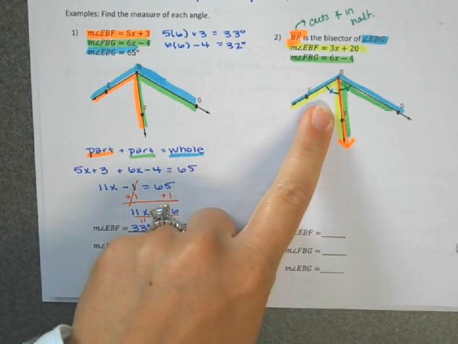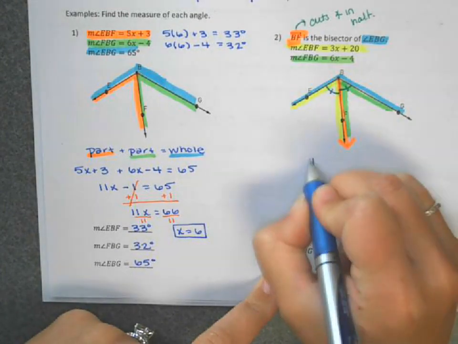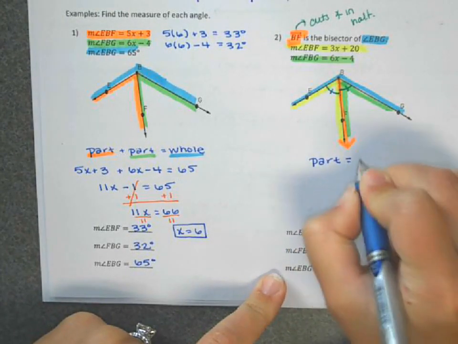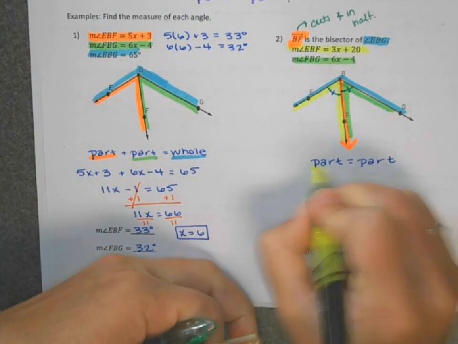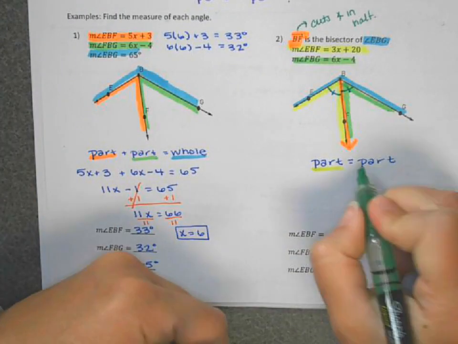What did we mark about the yellow angle and the green angle? We marked them congruent, right? So in this case, I know that if I marked them congruent, then their measures must be equal. So part has to equal part in this case, because they were marked equal or congruent in the diagram.